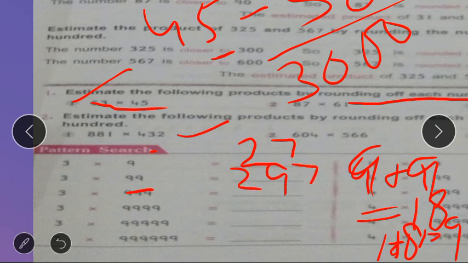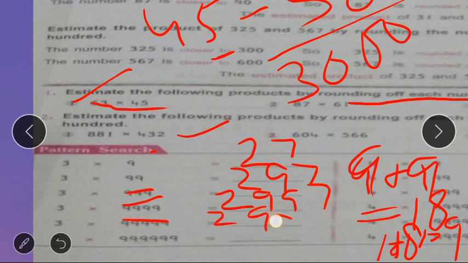The second blank is over. Now third, 3 times 9 is there. Then what you have to do? You have to add here 2, 7, and here 4 times is there. Then 2, 7. Clear? So you have to complete this pattern as we have done the first ones.